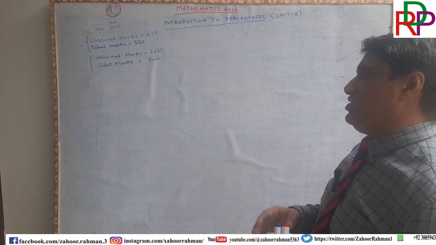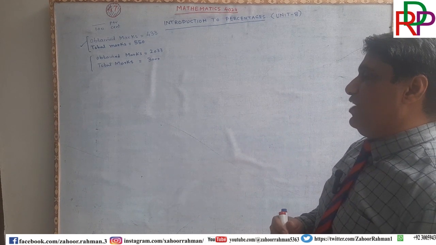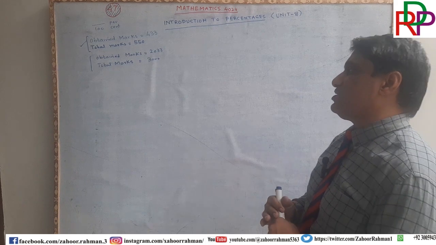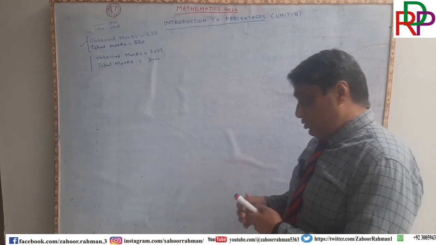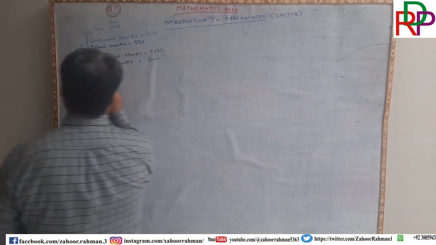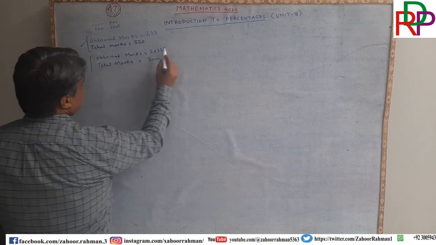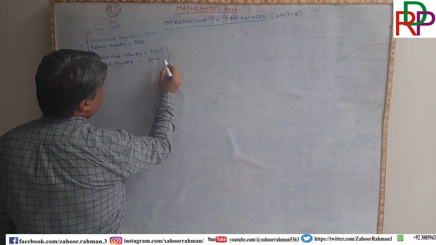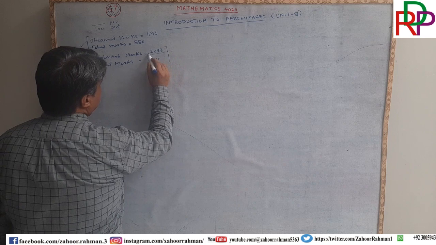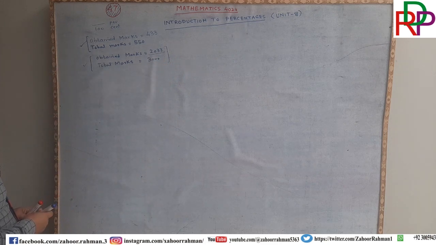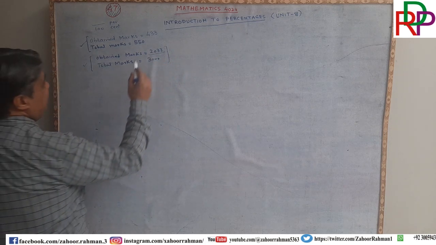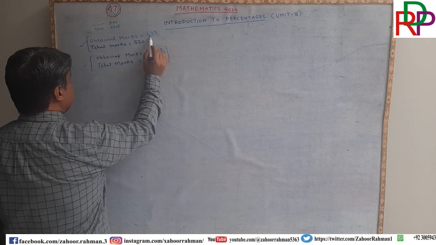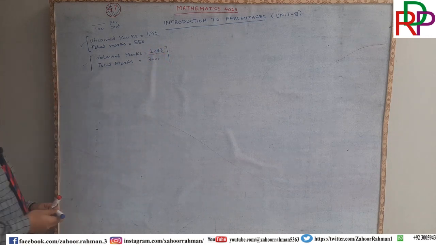Each education system is providing a different mark scheme, so they are fighting. This person is saying that I got 2033 marks and the other family member got 433.